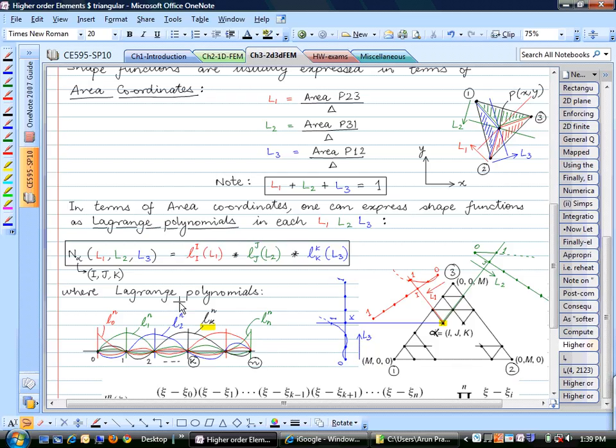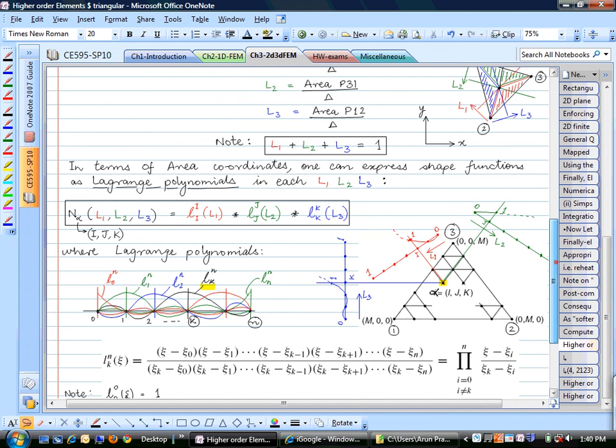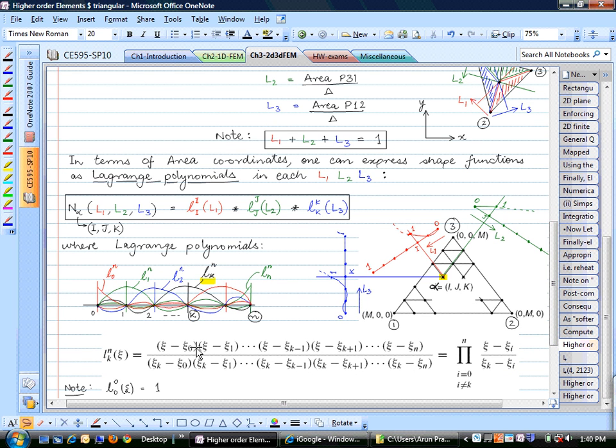And this is a property of Lagrange polynomials that you can create those by just adding factors at different points. So let's say you have n different points. You want to calculate the Lagrange function for the point k, that is, this function goes to 1 at point k and goes to 0 at every other point. Okay. So the way to construct that Lagrange function is you start multiplying factors.